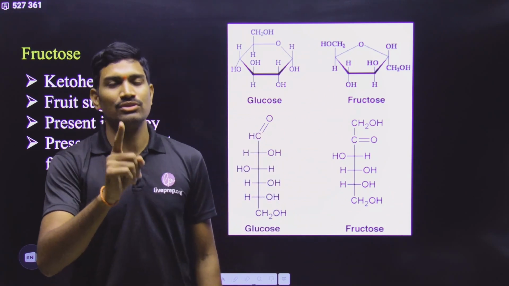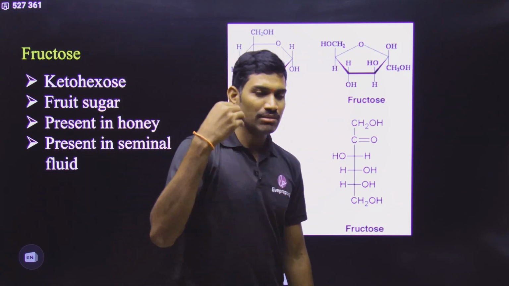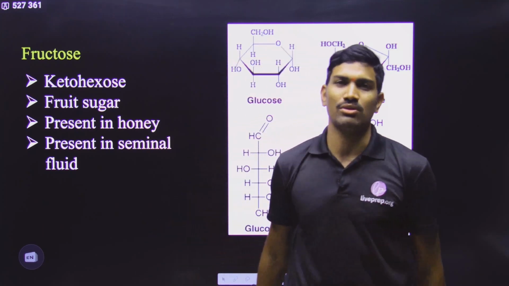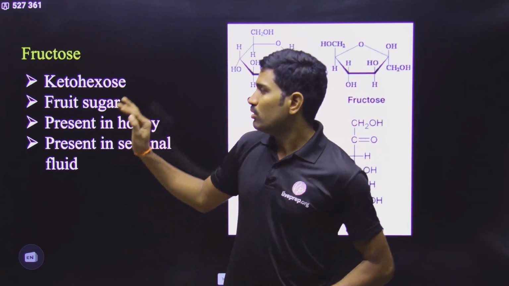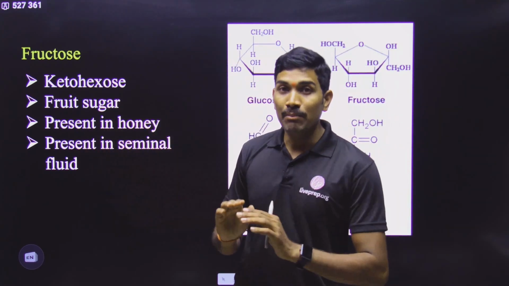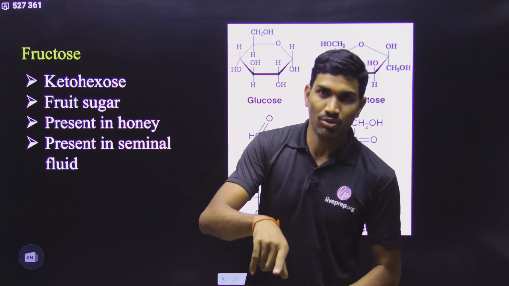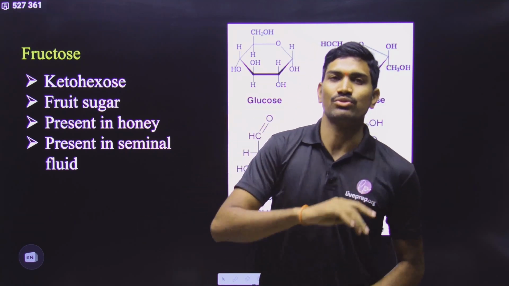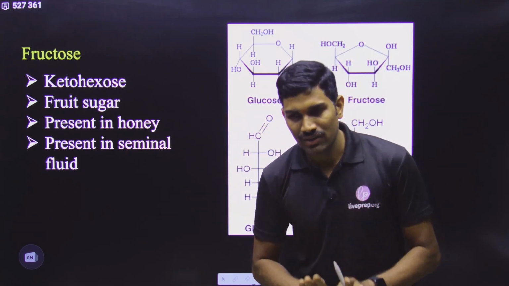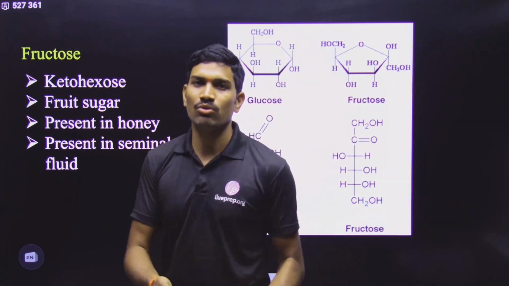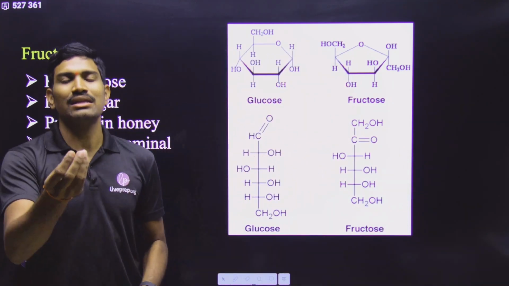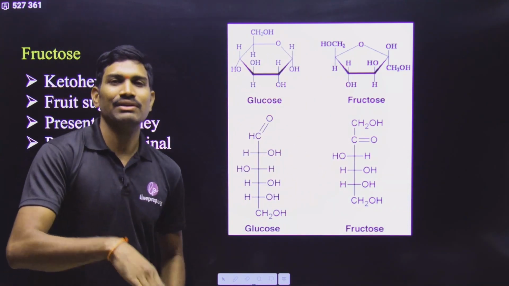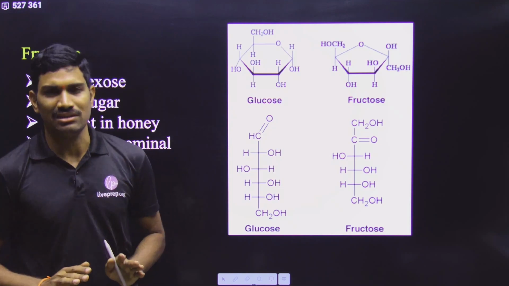No, that type of questions if you are encountering anywhere, simply ignore those questions. Question itself is wrong. Please remember this. So in majority of the fruits, major form of the sugar is the fructose. That's why fructose is called as a fruit sugar. So along with the fructose, other forms like glucose, sucrose, they are also present, but their quantity is lesser when compared with the fructose. That is what the meaning is.